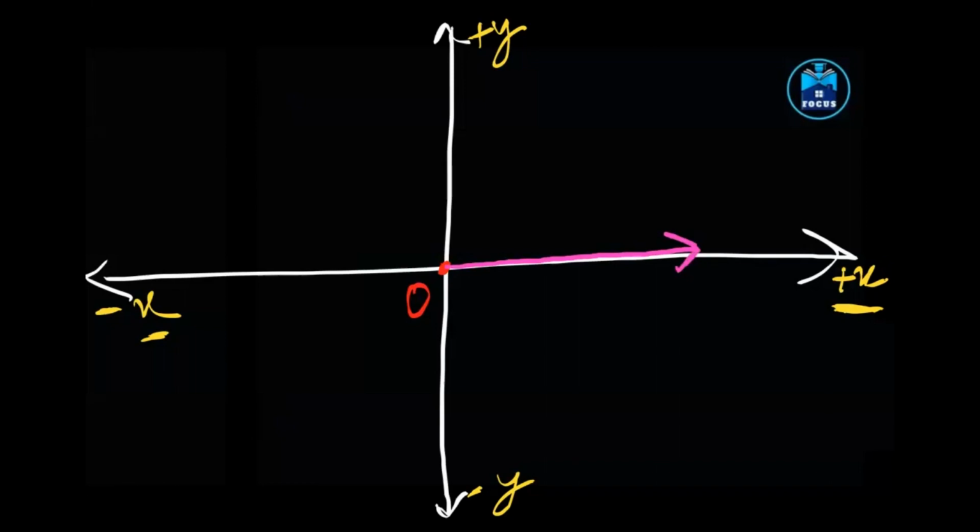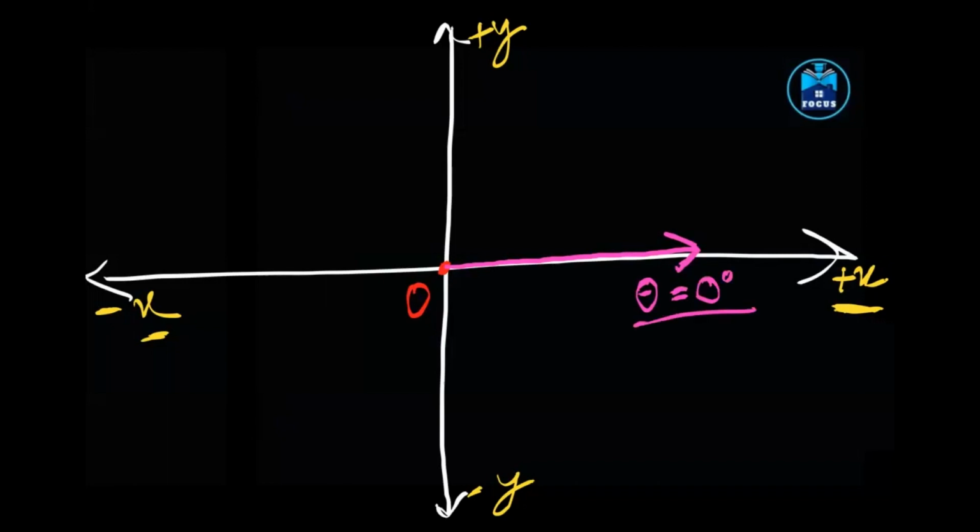Then the next thing you have to understand: if this is the format that we are following, you can easily tell me what would be the value of angle theta for this arrow if it is lying on the positive x-axis. 180 or 0? 0. It should be 0.